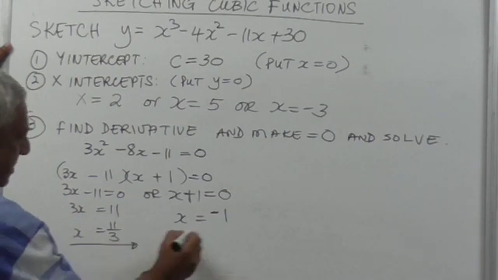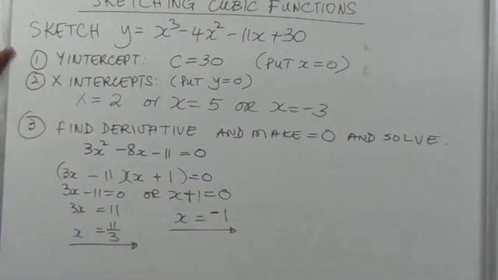Now these are the x values for the stationary points. So when you're finding the derivative, making it equal to 0 and solving, you are actually getting ready to find the stationary points.